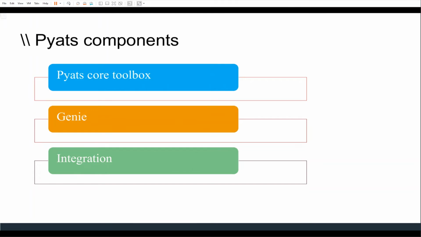So, what pyATS has under the hood? It can be divided into three main layers or components. It is pyATS itself that wraps entire solution and acts as a toolbox. It's responsible for execution, test definitions, reporting, and so on. Under pyATS, we meet the engine that's called Genie.